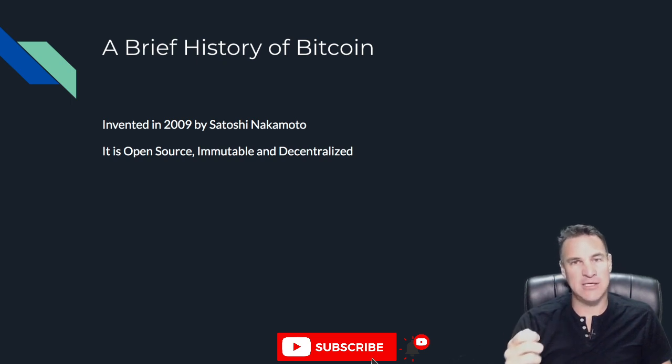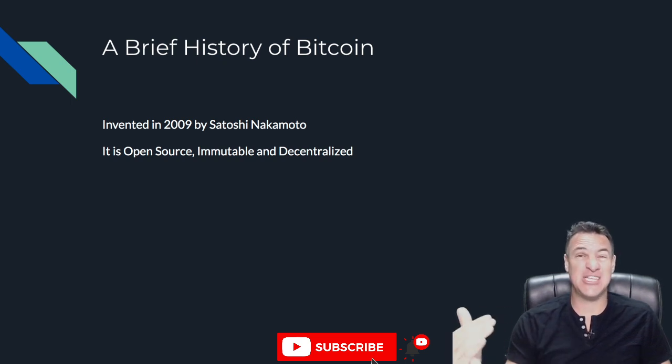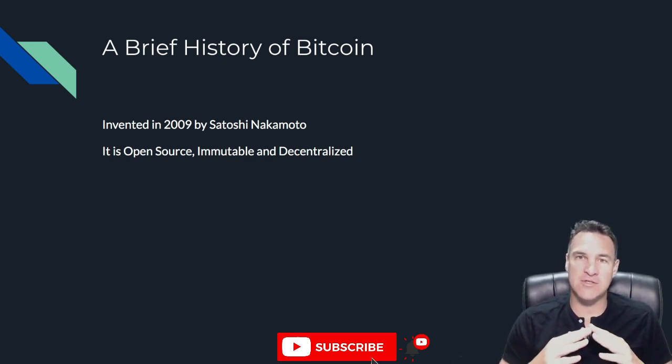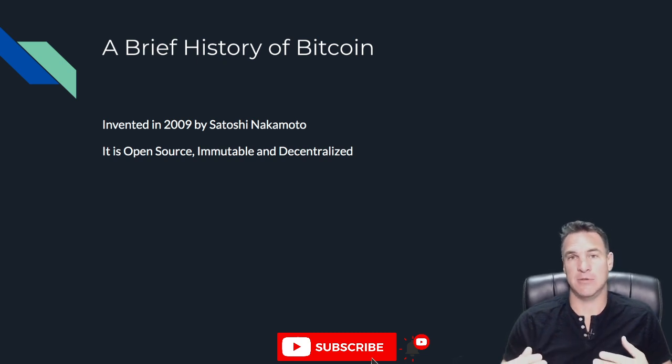So US dollars and other fiat currencies are not immutable. They are subject to the whims of men, and men can change their minds. They're subject to the whims of governments backed up by armies. They can change their mind, they can break their promise, and there is nothing you can do about it. With Bitcoin, you have certainty. It is immutable. It will do what it does for all time, and you can bank on that and trust that.